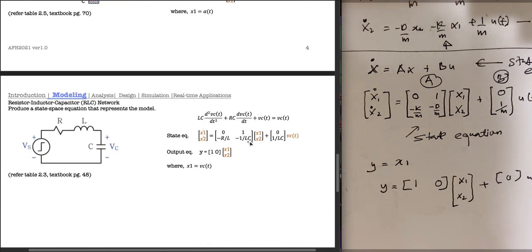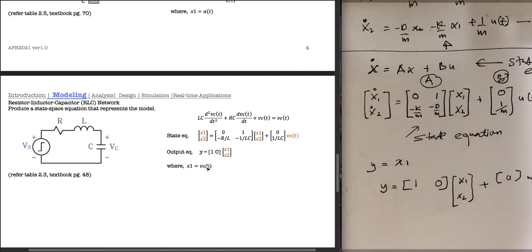As for the RLC, the same thing. So you just convert that to VC, because this state space is supposed to be x1, x2. We can also rename x1 to VC1 or VC2. So it's just a name, but we know that this state represents VC.